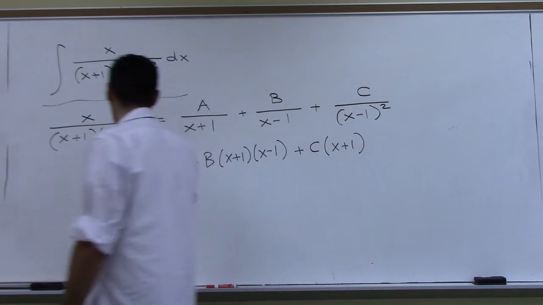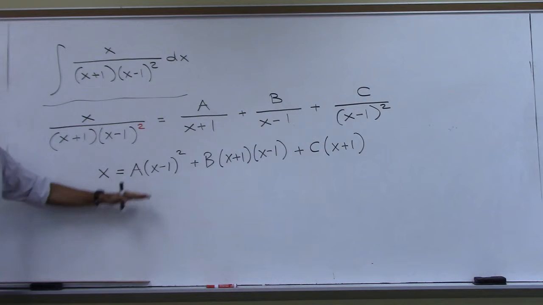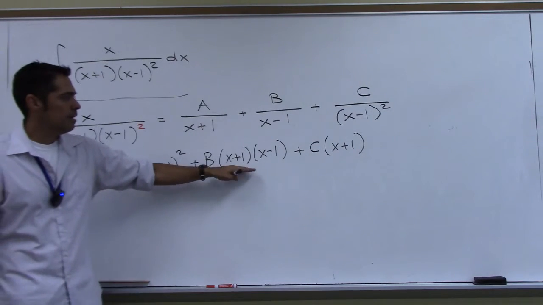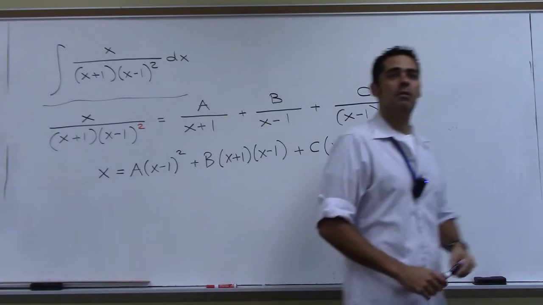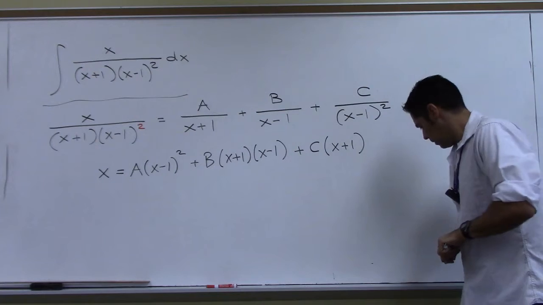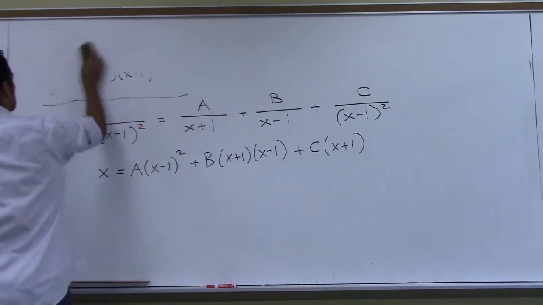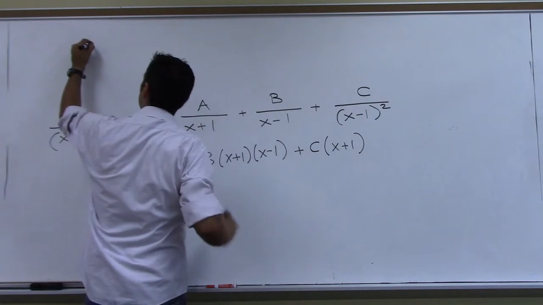Can you get a? How are you going to get a? Let x be -1. So I'm going to move faster through this because we're almost out of time. Let x be -1.